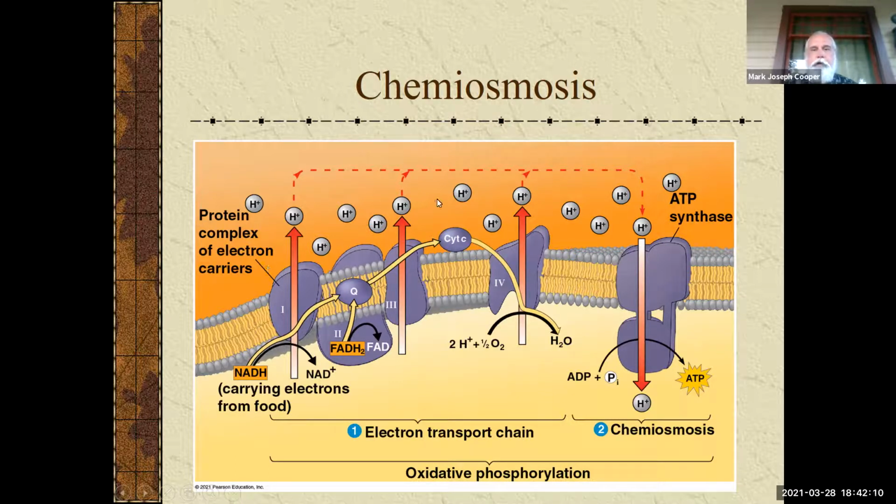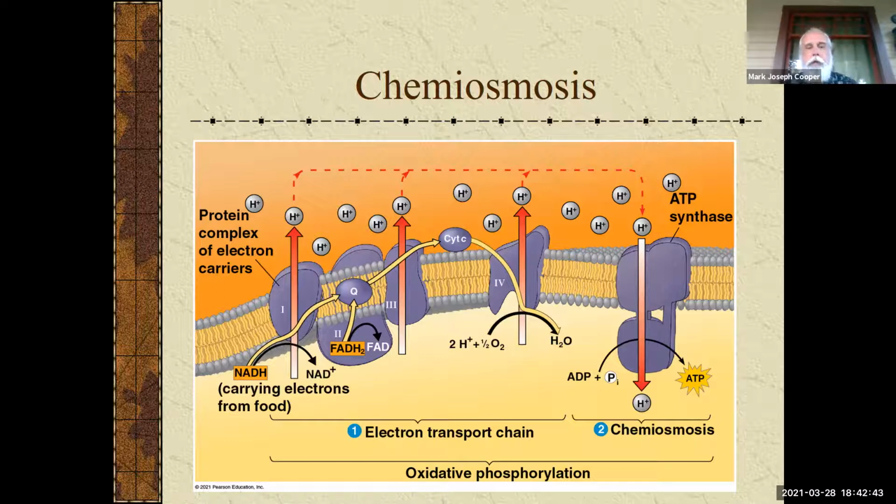And these hydrogen ions are sitting over here, and then they want to come back. So we're going from the matrix into the intermembrane space, and then coming back into the matrix. And so what you're seeing here as we're doing this is we're producing ATP. That's the whole purpose. Here's our ATP synthase. The hydrogens can't go through the phospholipid bilayer. They need a transport protein that happens to be ATP synthase.